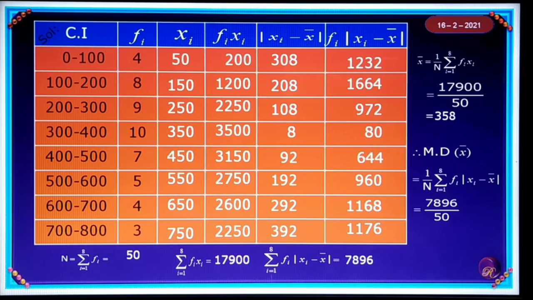What is the simplification? That is 157.92.